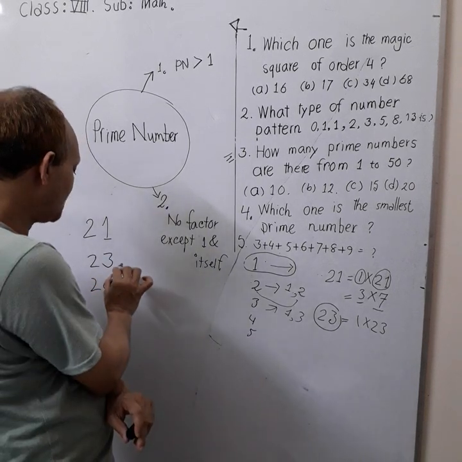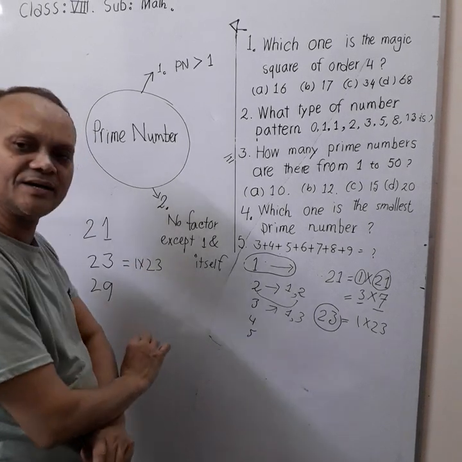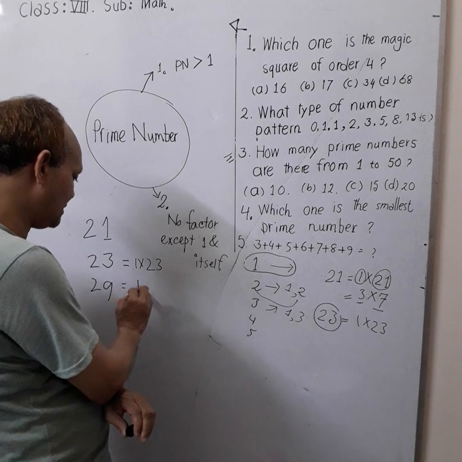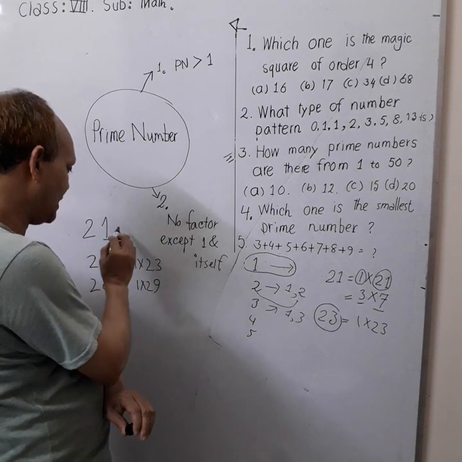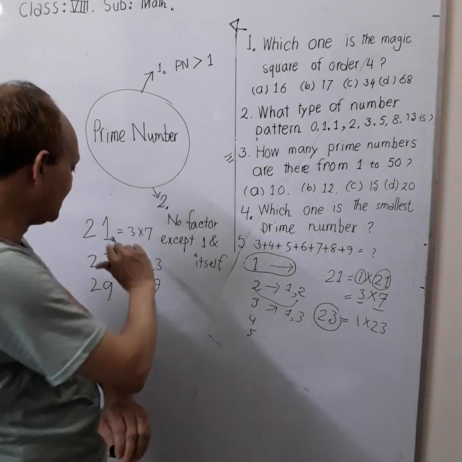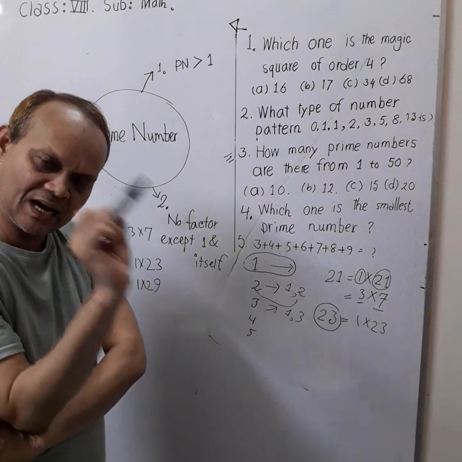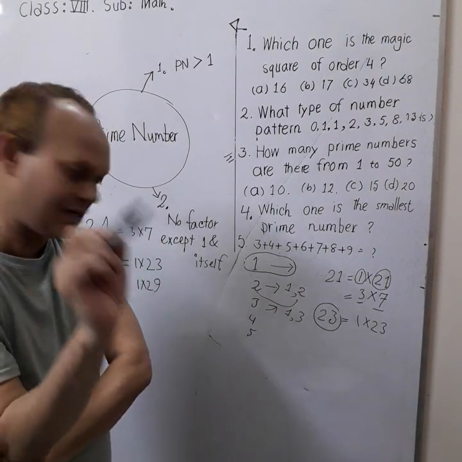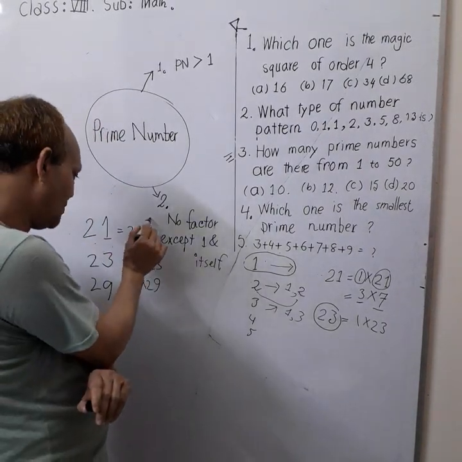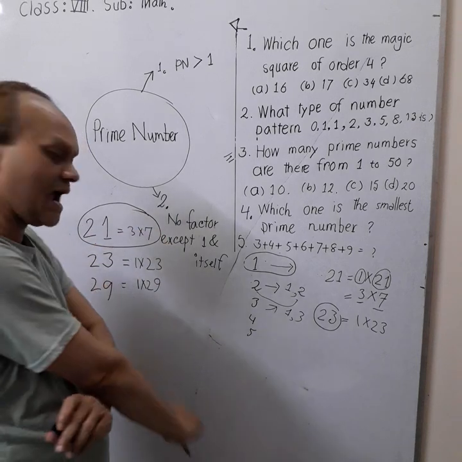You see, 23 is 1 into 23, and there are no other factors, and 29 is 1 into 29, and 21 is 3 into 7. That is, 21 has more factors other than 1 and itself, so 21 is not a prime number.